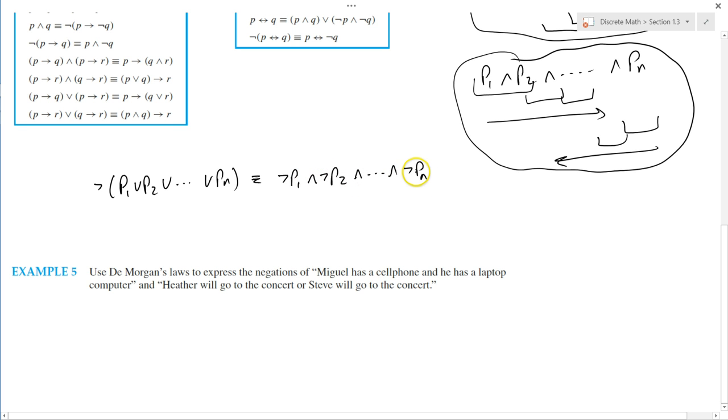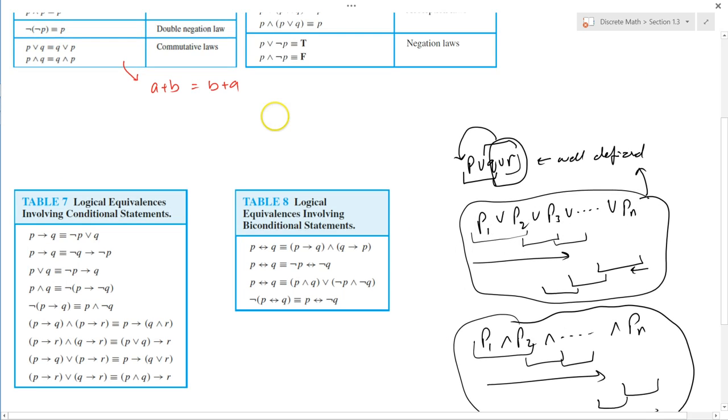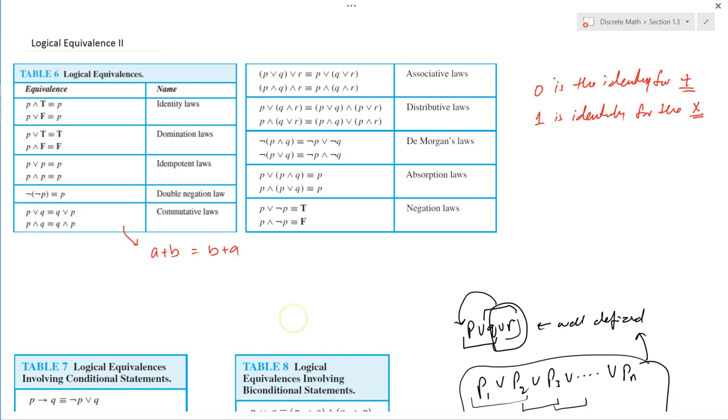And this follows a similar pattern to the simple De Morgan's Law, which we covered here. As you can see, where is it? The De Morgan's Law here. There it is.